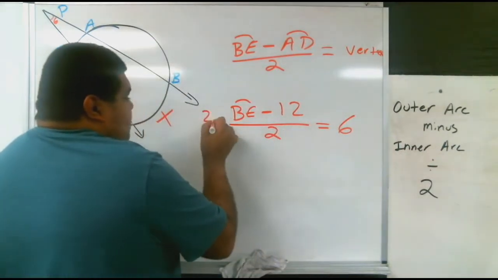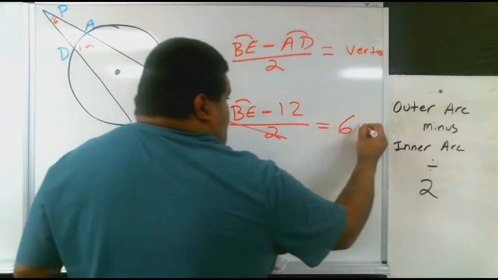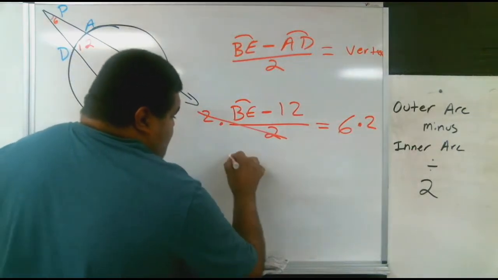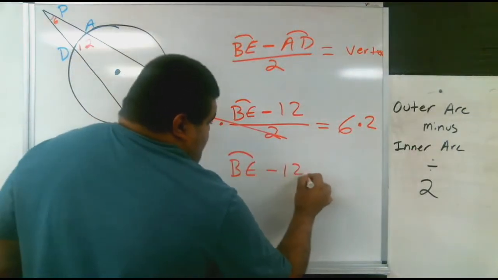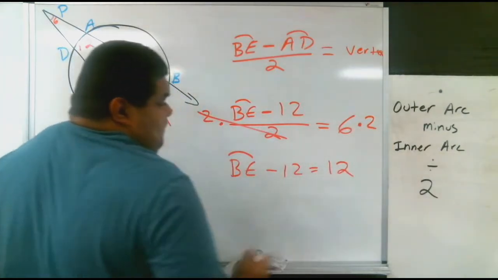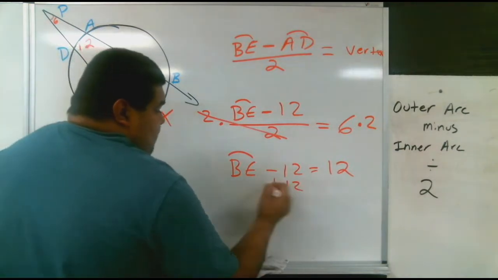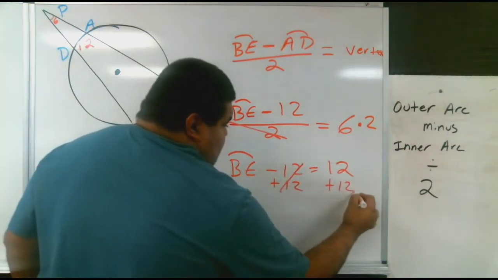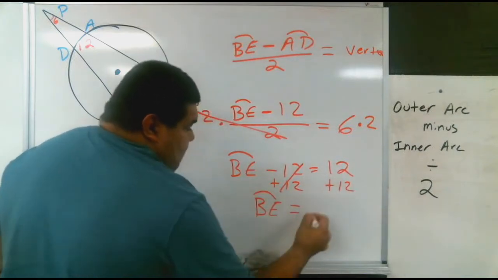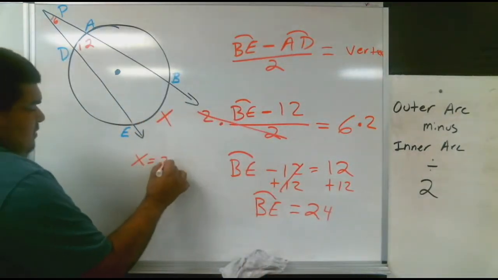We multiply by 2, and it cancels out. Whatever you do to one side, you have to do to the other. So we're left with arc BE minus 12 equals 6 times 2, which is 12. We add 12 to leave BE alone. So arc BE equals 12 plus 12, which is 24. So X equals 24.